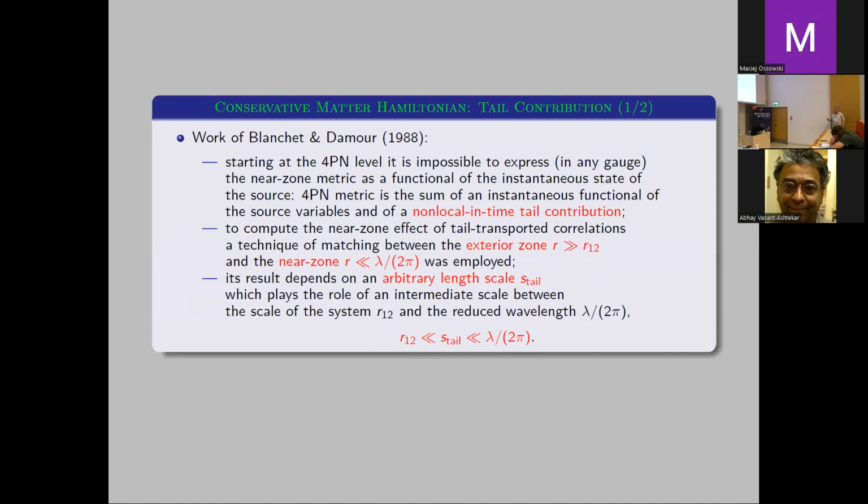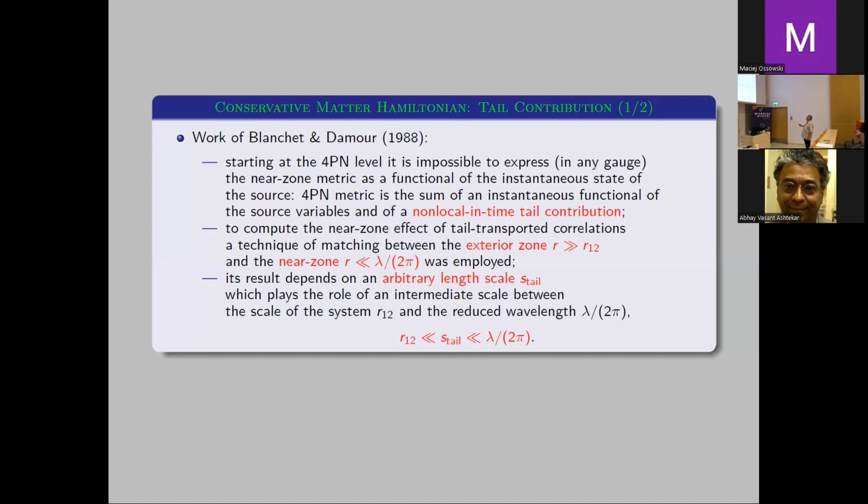Okay. And now the tail contribution that we need to add by hand was known from this paper at least, in which the authors showed that exactly starting at the fourth post-Newtonian level, it is not possible, in any gauge, this is a gauge-independent feature, to express the near-zone metric as a function of the instantaneous positions and momenta of the particles, of the source.